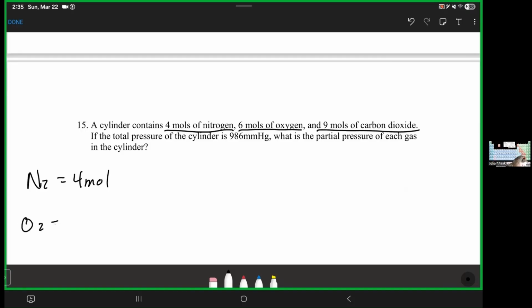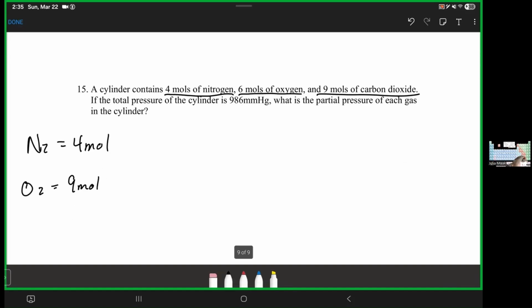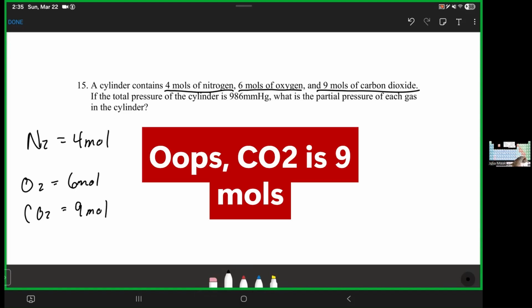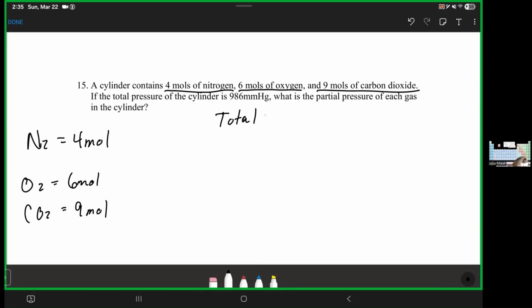Oxygen, I have 9 moles. And carbon dioxide, I have, oxygen was the 6 moles. My nitrogen was my 9 moles. Okay. And they told us the total pressure is 986 millimeters of mercury.